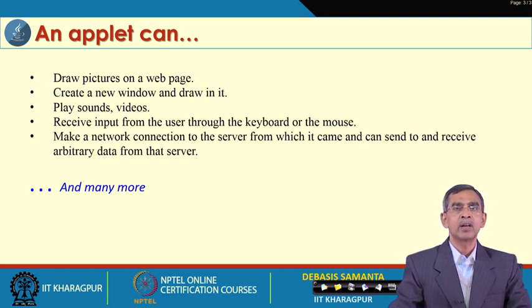It only senses the keyboard or mouse, whether there is a click, a key pressed, or the mouse dragged. And obviously, applets are for internet programming, in the sense that in a distributed environment an applet can communicate with another applet to serve some communication need. There are many more applications of applets.